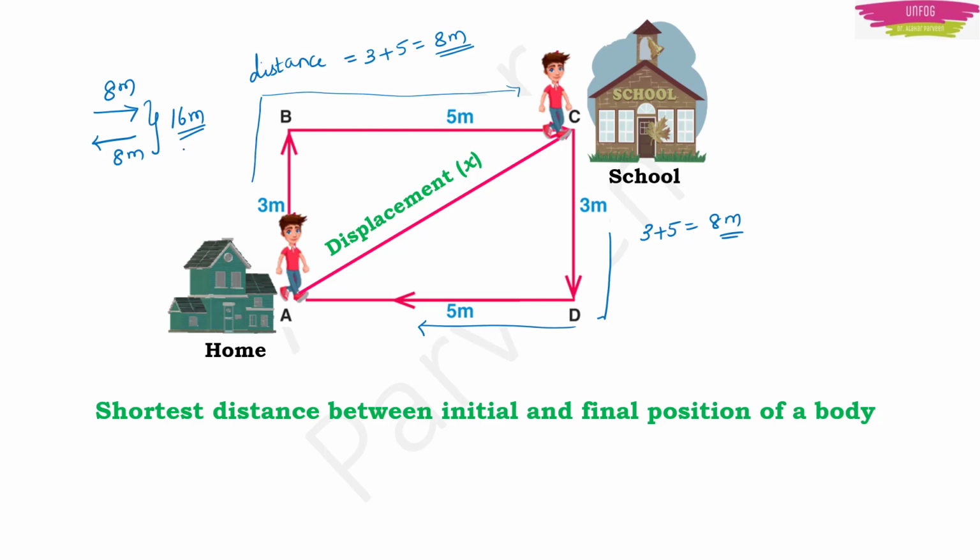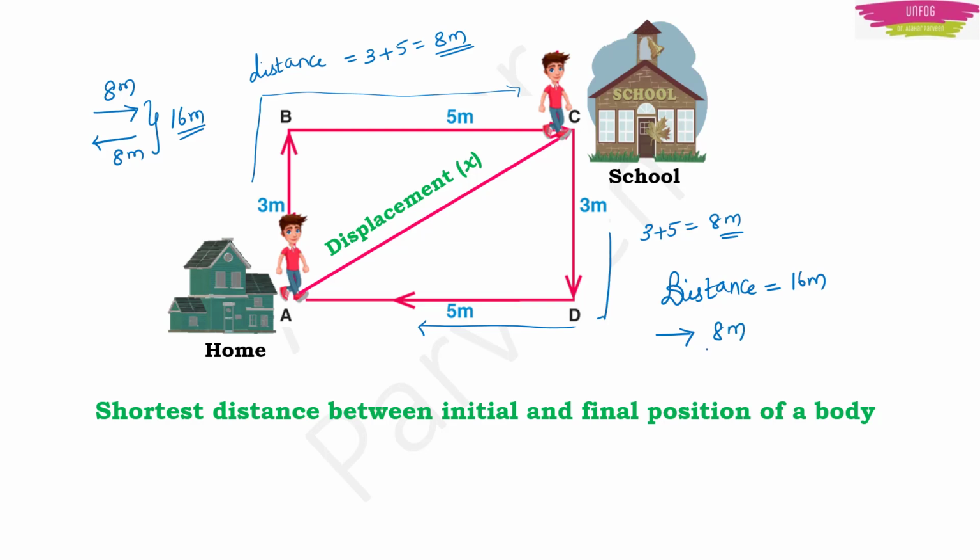It is the shortest distance between initial and final position of the body. That is your displacement. Now, we told that the total distance traveled by that boy is 16 meter. But just while going, the distance traveled is 8 meter.